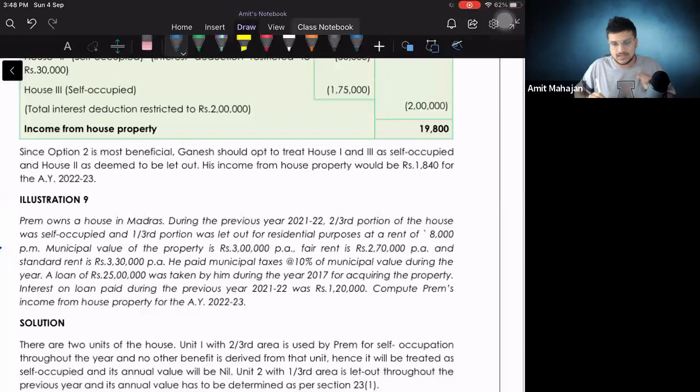You just text me the answer. लोन लिया था 25 lakhs, इंटरेस्ट पे किया 1,20,000.